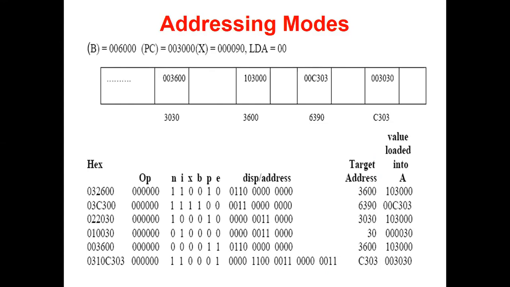Excuse me, sir. Please. I was wondering, if your target address is, let's say, 3,600, and you find that it's indirect addressing. So in this case, the indirect address is 3,000.